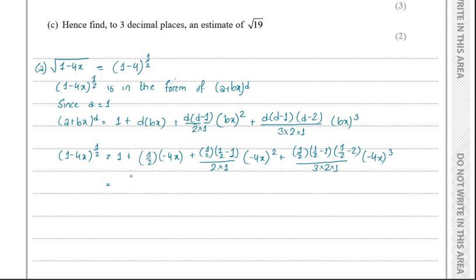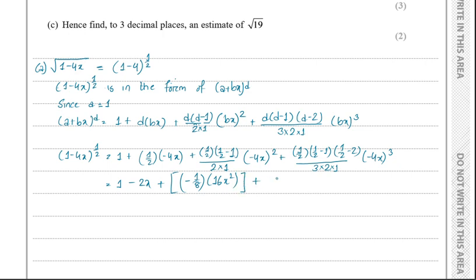So we will get 1 minus 2x plus, if you give it in a bracket, then this would come out to be minus 1 by 8 multiplied by 16x squared. 4x to the power 2 is 16x squared.